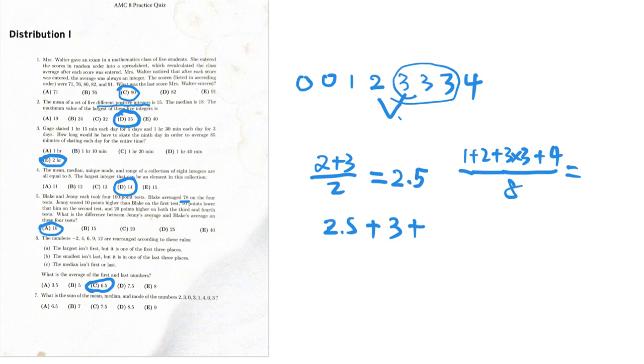The total is 9 plus 1, 10, 16. Divided by 8, that's 2. So the average is 2. The sum of the median, mean, and mode is 7.5. The answer is C.